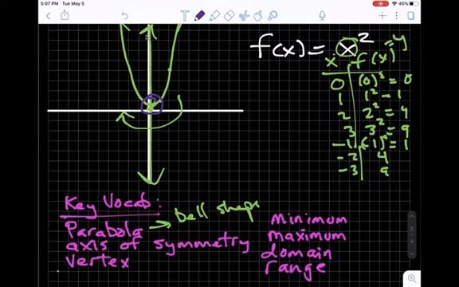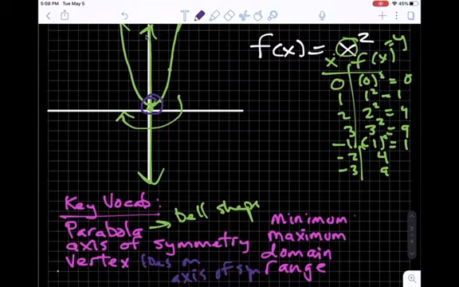It'll be one or the other; it can't be both. It is basically where the graph turns and goes the other direction. We call that point the vertex because it's either the highest or the lowest point. And the vertex lies on the axis of symmetry. That's important.